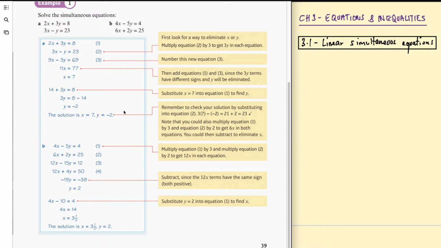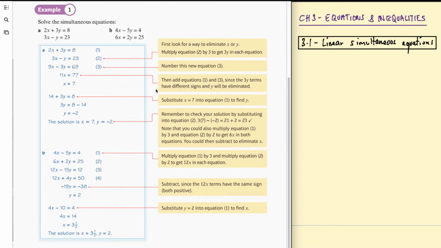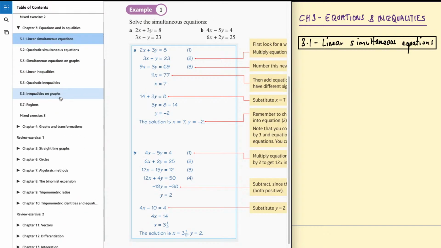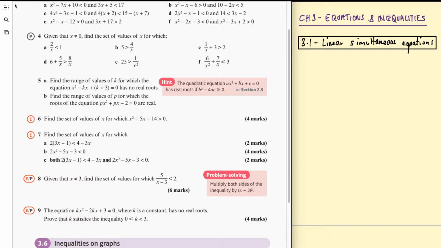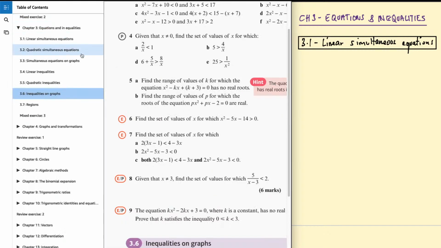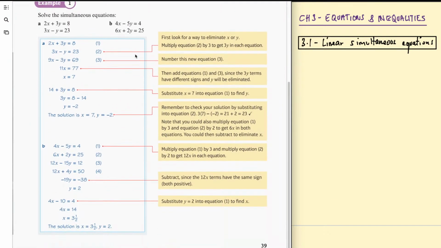I'm not saying if you are not confident with it, that's bad, but I'd be surprised if you said, I really want to learn simultaneous linear equations in A-levels, but let's see what it leads to. Even inequalities, we do that in GCSEs as well. All right, let's just speed through this.